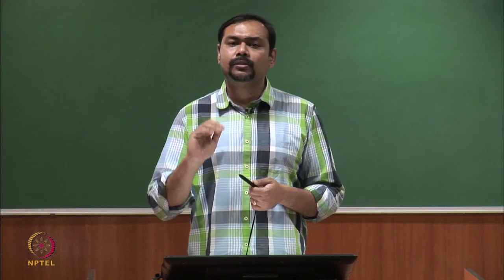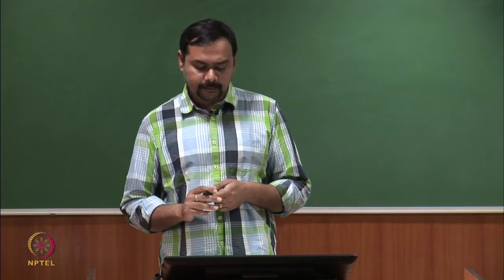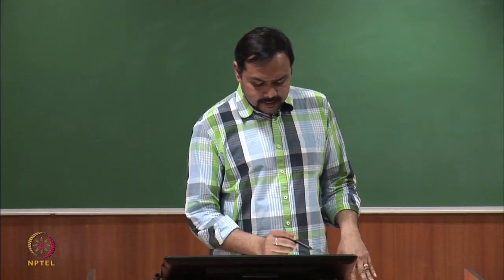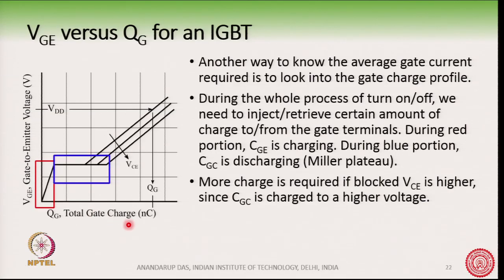If you do it slow, you will turn the device on slowly. How much gate charge is needed is often available in the data sheet. So, here you can see I have taken from a generic data sheet. This is the total gate charge on the x axis and this is the VGE voltage.